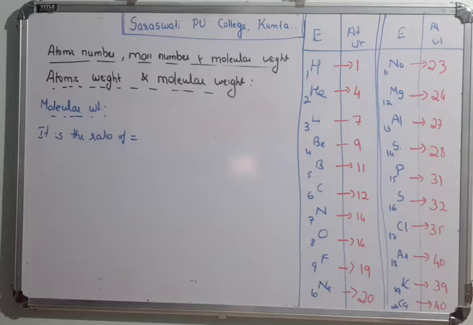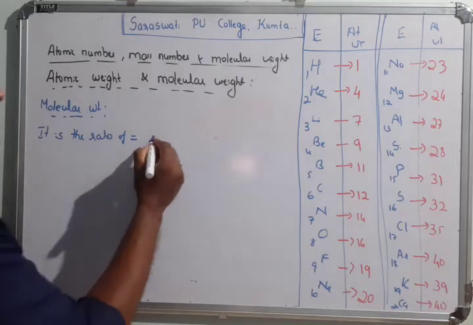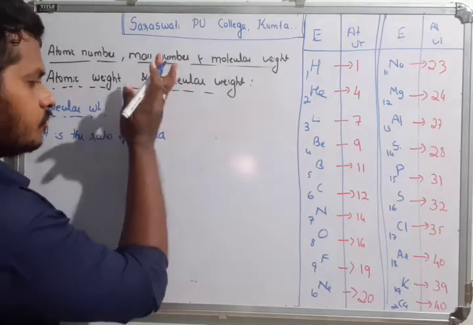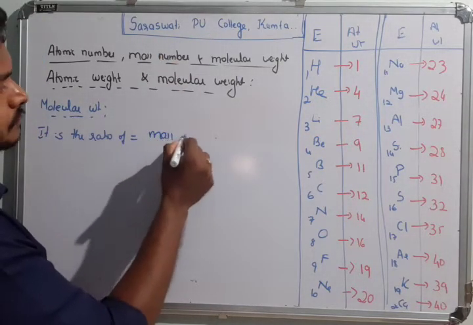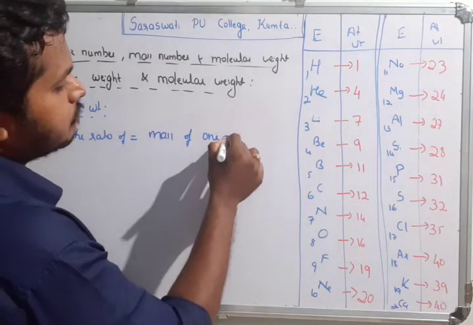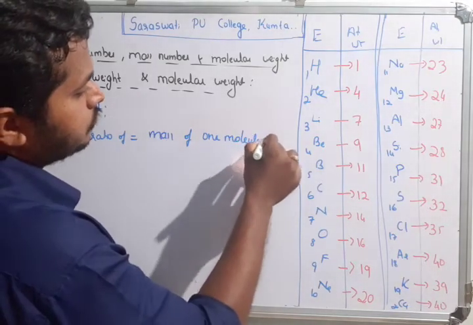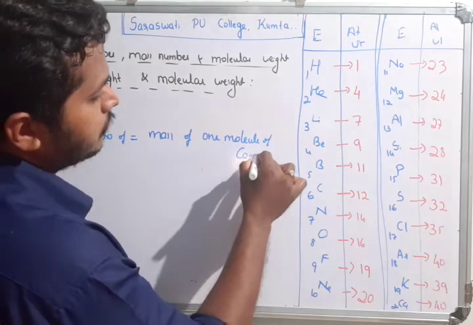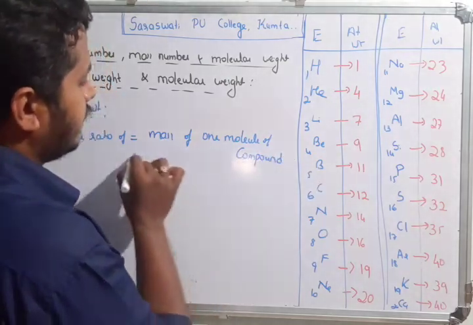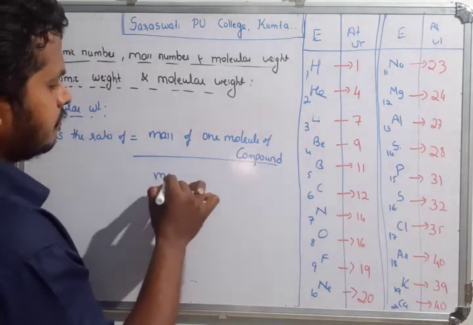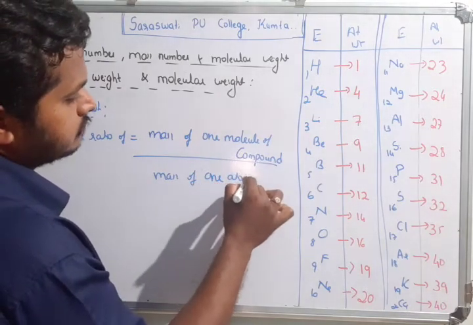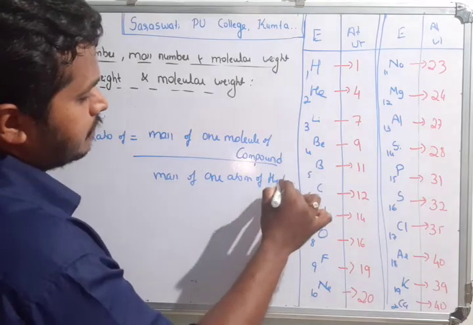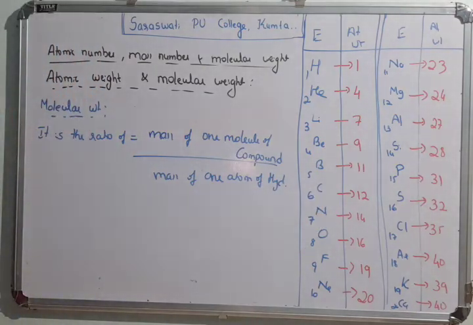Just like the atomic weight, it is the ratio of the mass of one molecule of a compound divided by the mass of one atom of hydrogen.